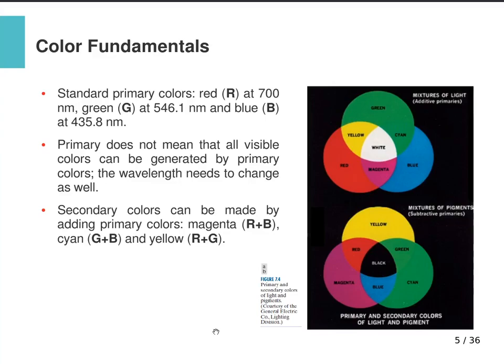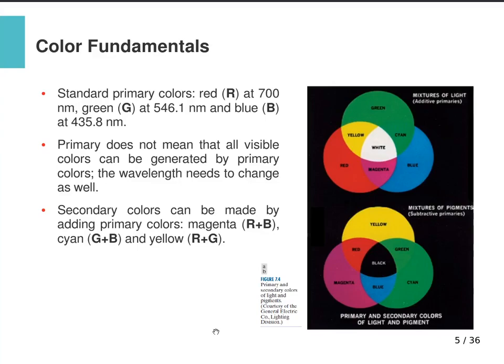So just by adding and subtracting these colors, we are not able to create all the possible visible colors. So in addition to the primary colors, we have secondary colors that are made by adding two primary colors. So we have magenta, which is the result of adding red and blue. We have cyan, which is the result of adding green and blue, and finally we have yellow, which is the result of adding red and green.